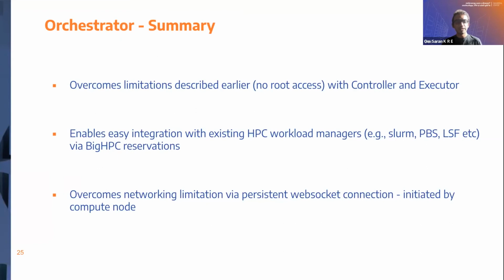So in summary, we have seen that the design that we've come up with for the intermediate prototype enables us to overcome some constraints. For example, integrating with the existing HPC workload managers, for example Slurm, TACC, PBS, LSF, etc. This is generic, and the mechanism of BigHPC reservations allows us to easily integrate.